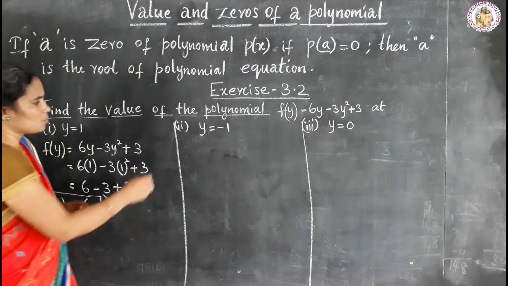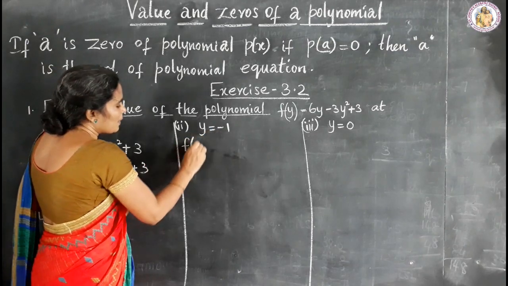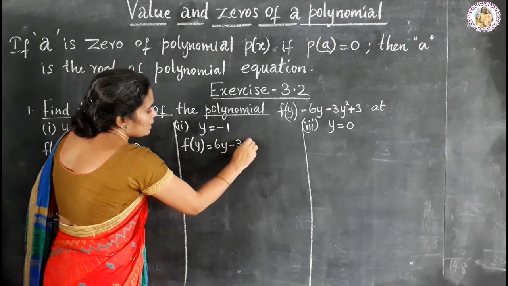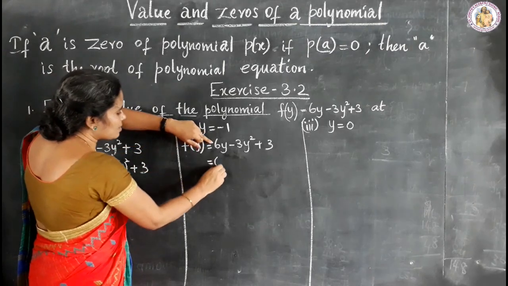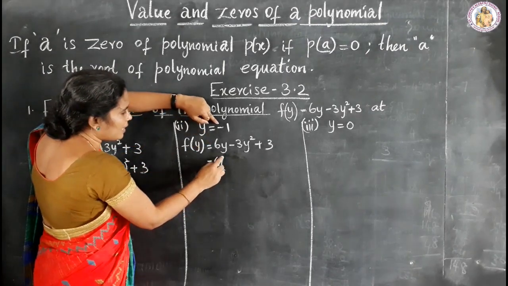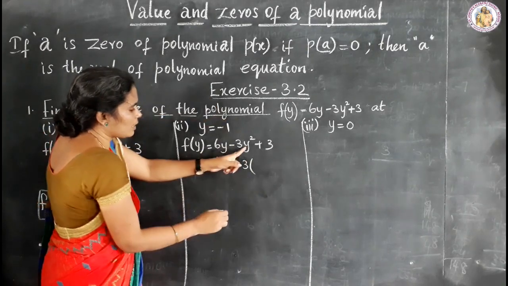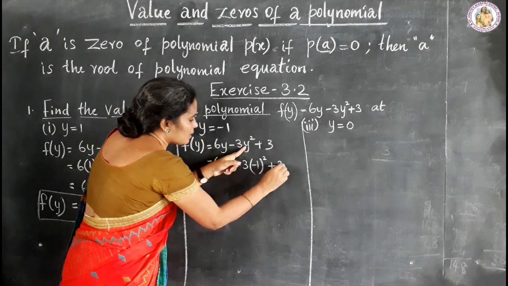Okay, question number 2. So y is equal to minus 1. Take f of y is equal to 6y minus 3y square plus 3. Write minus 1 in the place of y: 6 into minus 1 minus 3 y square, so minus 1 square plus 3.